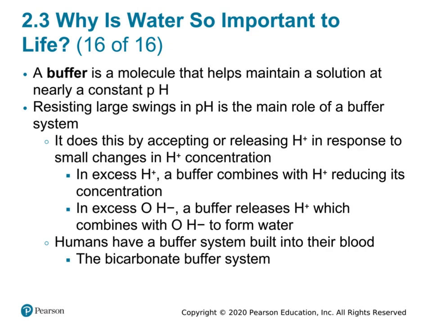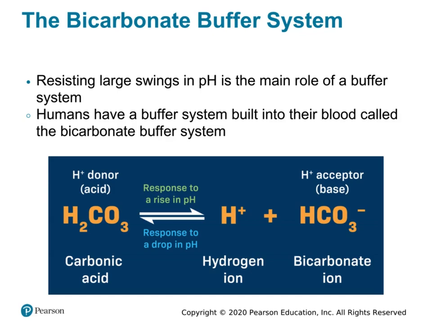It's called the bicarbonate buffer system. So this buffer system responds to a rise in pH by breaking down carbonic acid into hydrogen ions and bicarbonate ions. That excess hydrogen ion will decrease the pH, because excess hydrogen ions make things more acidic, and will bring the solution back to kind of a normal or stable pH.